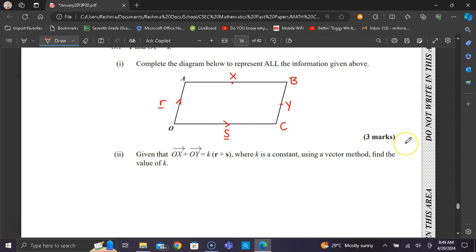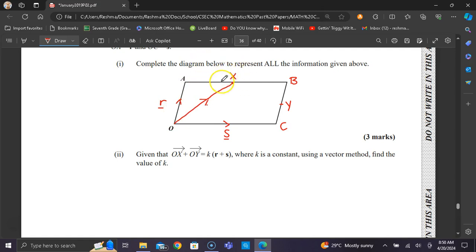Okay, so they told us that OX plus OY is equal to K times (R plus S). So that means we have to get the sum of vector OX and OY in terms of R and S. So let's get OX first. Okay, so if this is vector OX, let's use this triangle OAX in order to find OX.